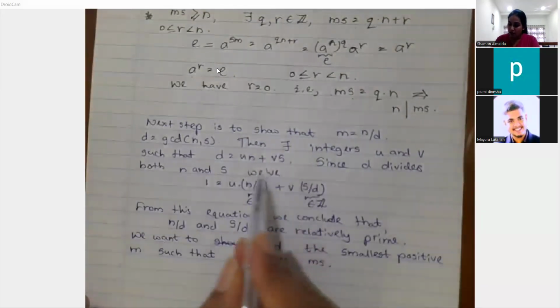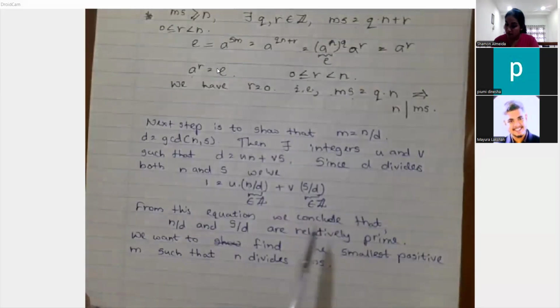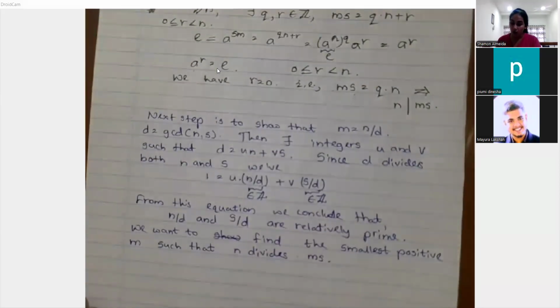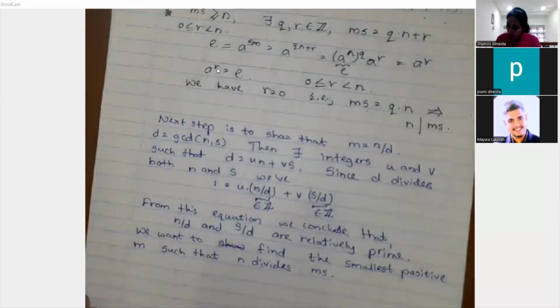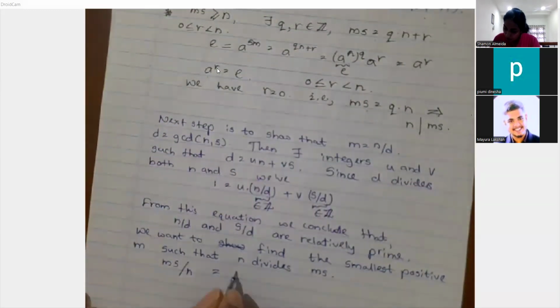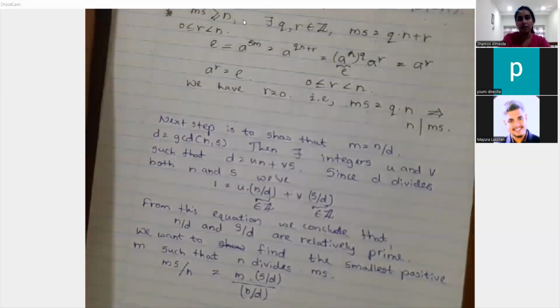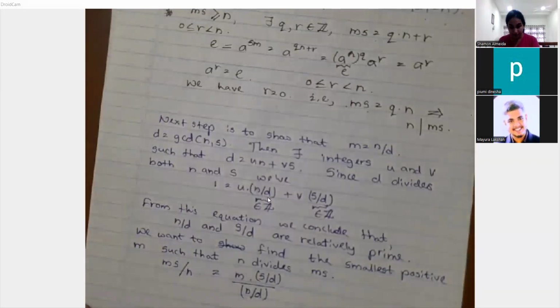To do that, we need this equation where we have concluded that n over d and s over d are relatively prime. Now, what does this give us? From this, observe that ms is divisible by n. I will rearrange the terms to get this, where we divide each of s and n by d, giving n over d and s over d.